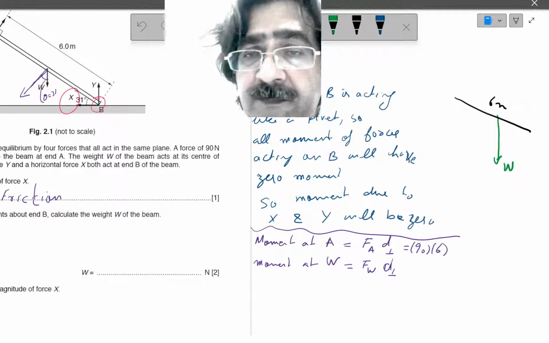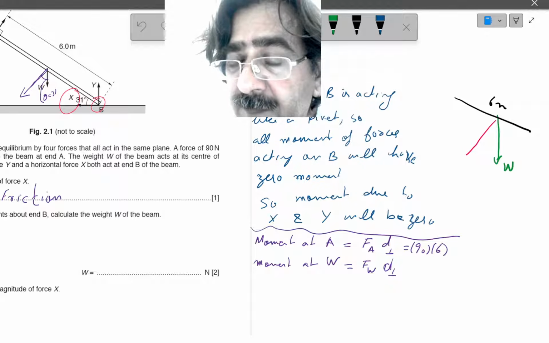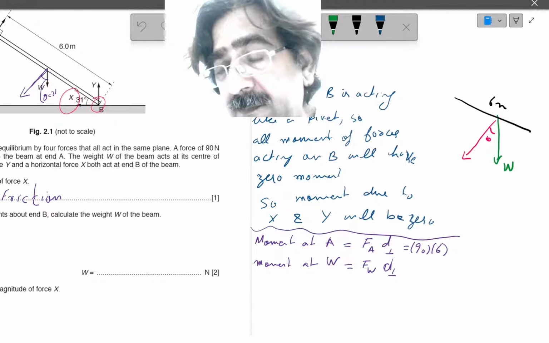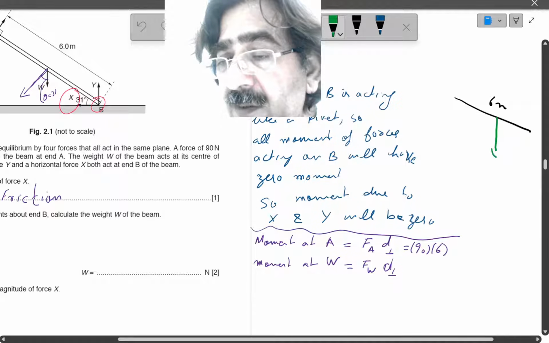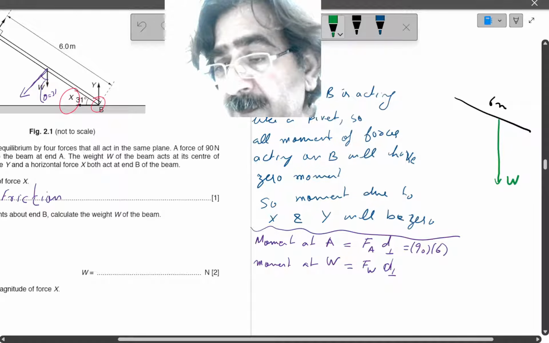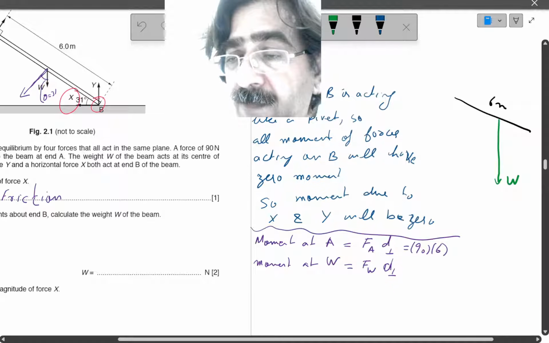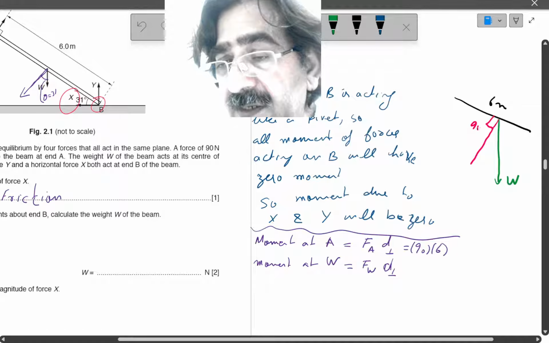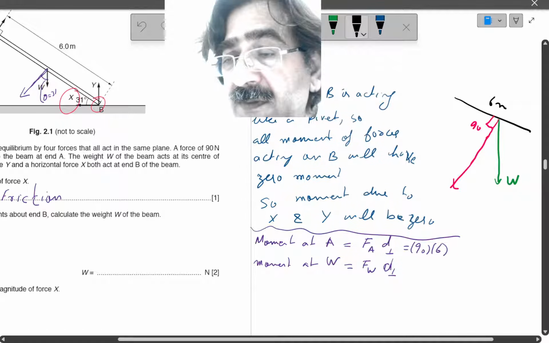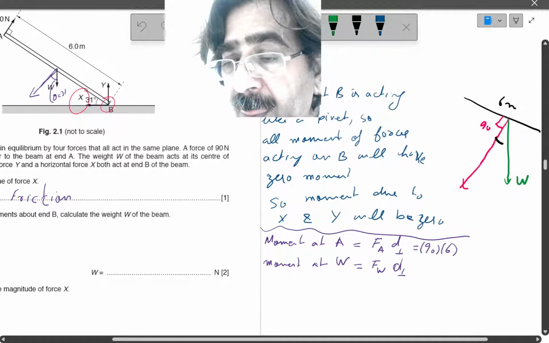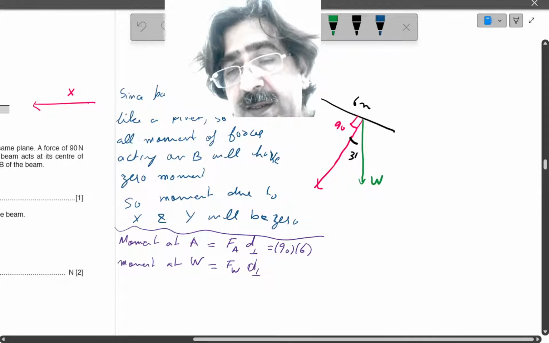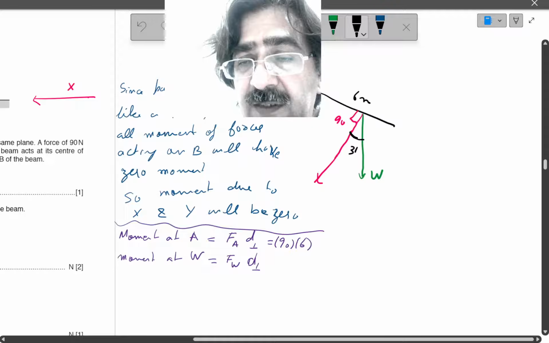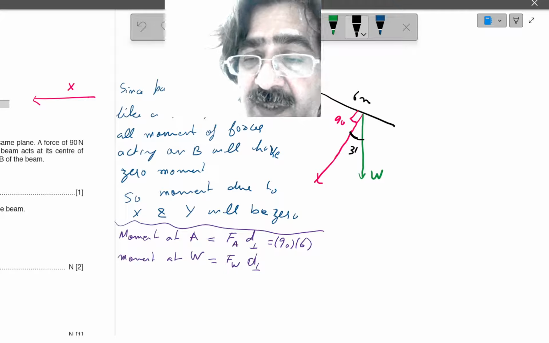If I consider that W is downward, this angle is 90 and this angle will be 31. So this is the theta angle.